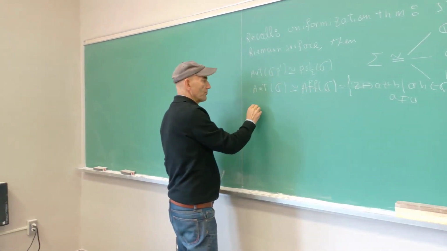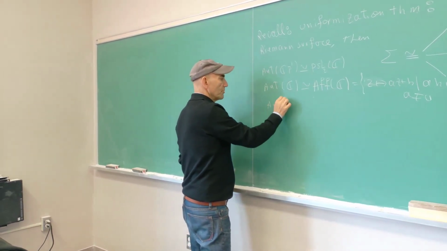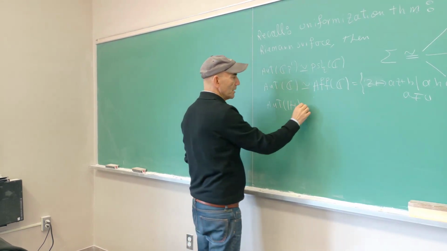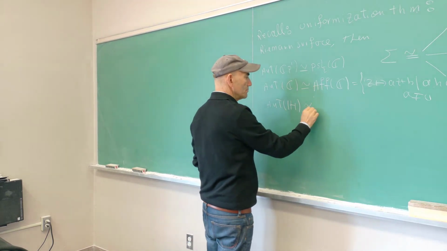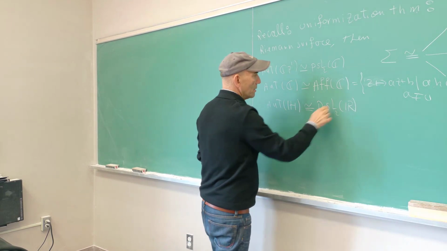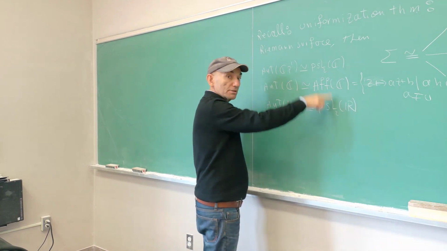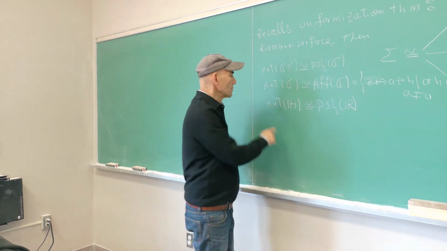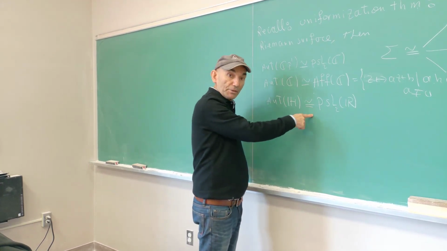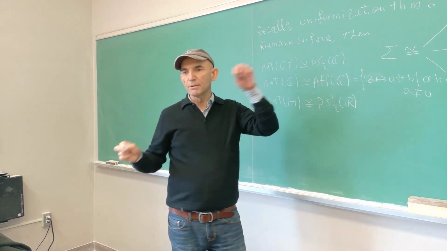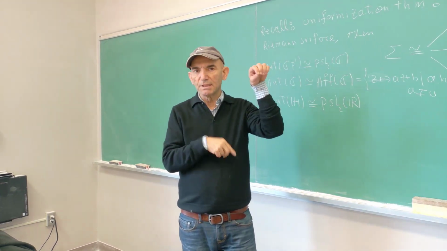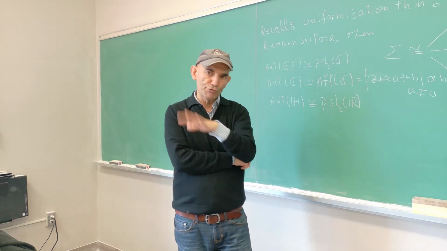And the most interesting, of course, is automorphisms of H, the upper half plane, which is PSL2R. You see, this is R, this is C. The dimension of this group as a real Lie group is 3, because you have 4 parameters a, b, c, d, but then there's one relation, ad minus bc, which cuts it to 3.